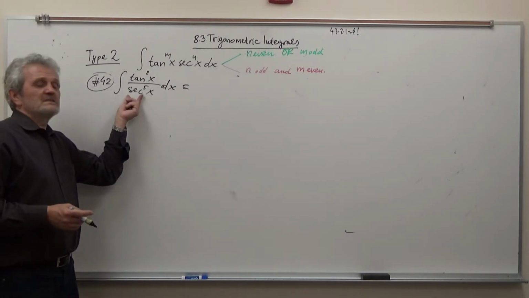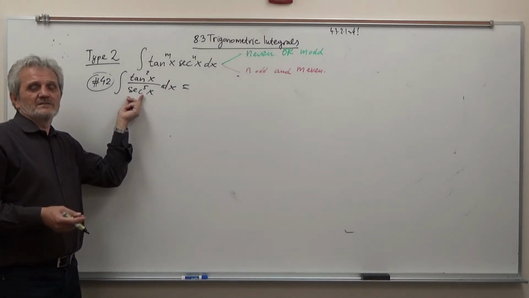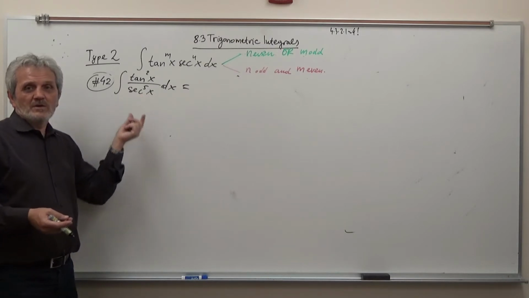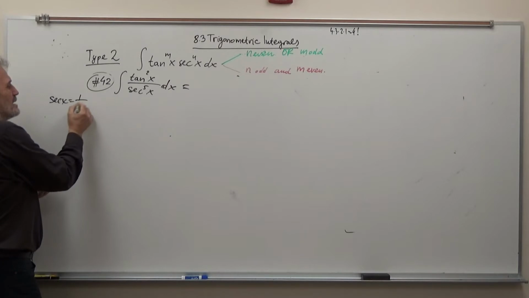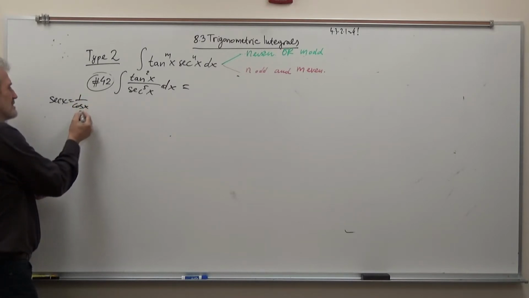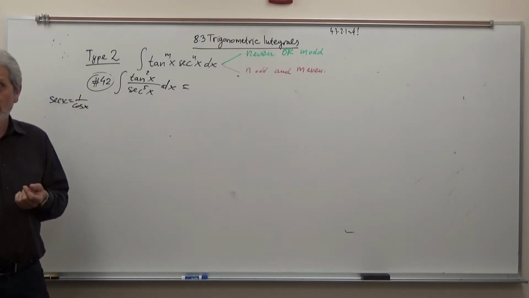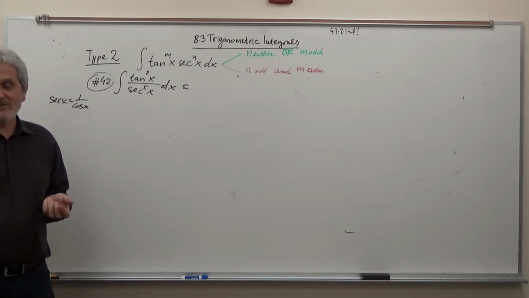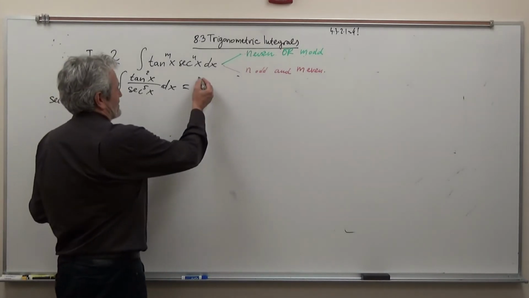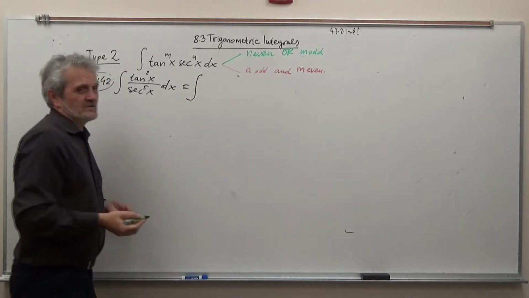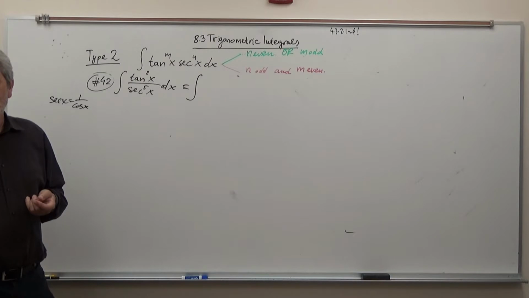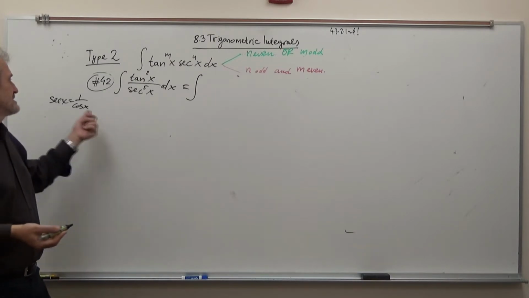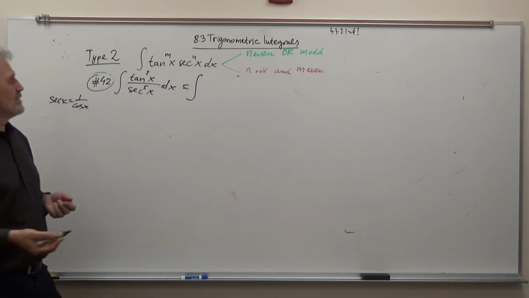This doesn't look reasonable. Why? Because secant was invented to avoid denominators. So instead of writing 1 over cosine, we just write secant. So when secant is in the denominator, it's in the wrong spot. I would rather switch that into sines and cosines because there's no reason to use these functions in the wrong spot.